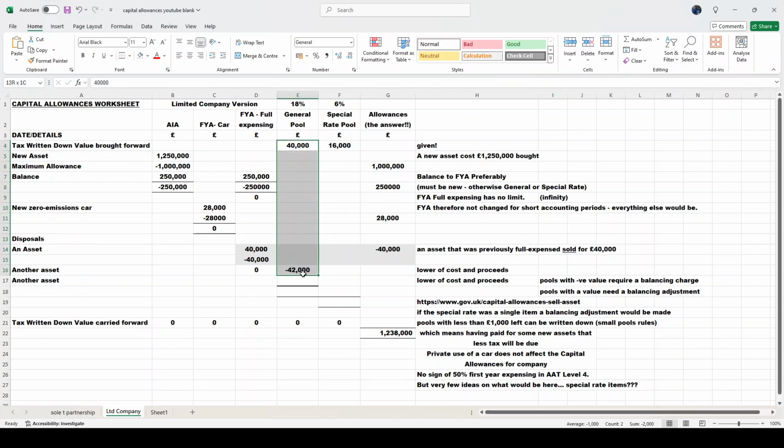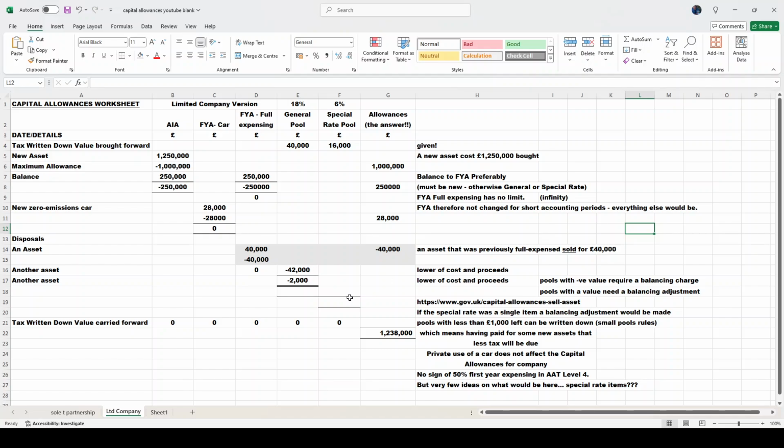So that gives us a negative balance on our pool, which means we've effectively overclaimed the capital allowances, not deliberately or fraudulently. We didn't know what the value of the assets and the proceeds were going to be when we sold them, which could be 10, 15 years later. So we need to do a balancing charge.